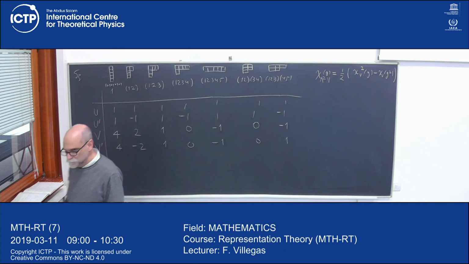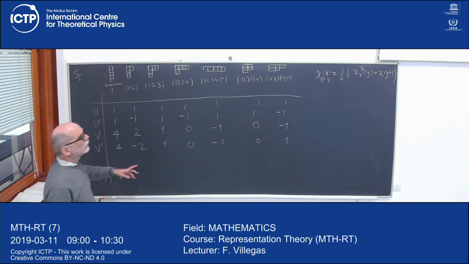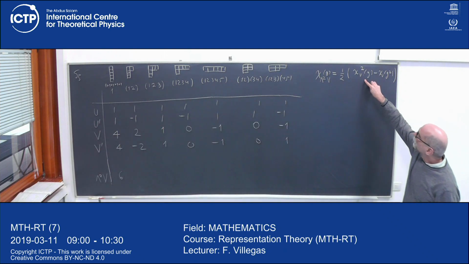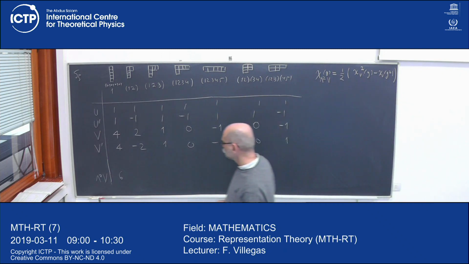So we can compute that. So for the identity, well, let's just check. This is 4 times 4 is 16 minus 4 again. It's 12 divided by 2 is 6.